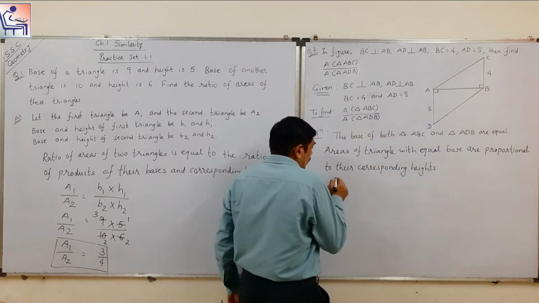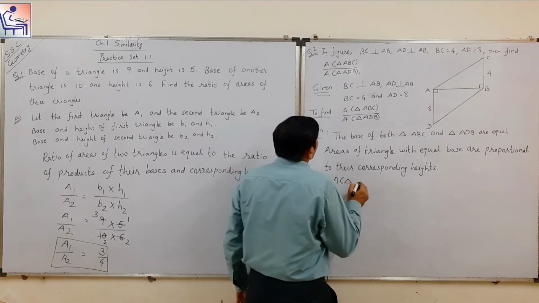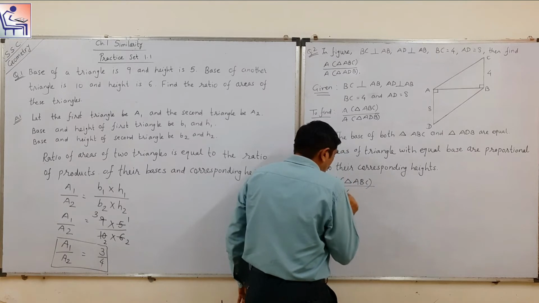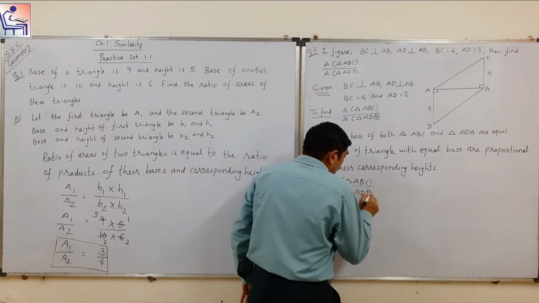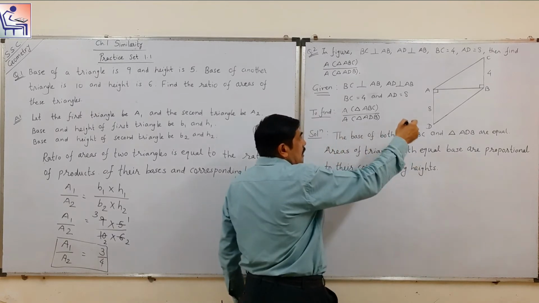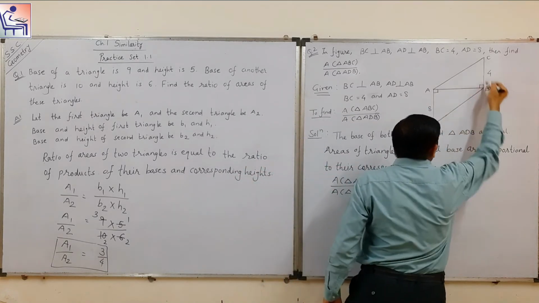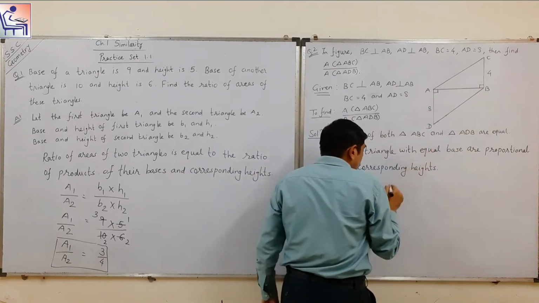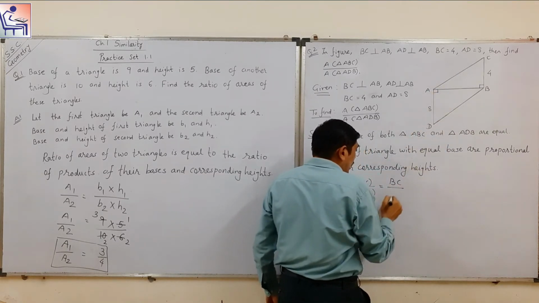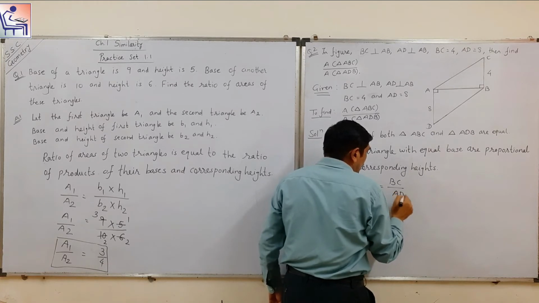So here area of triangle ABC upon area of triangle ADB is equal to, see, if bases are equal then it depends upon the height, that is BC, and here the height of triangle ADB is AD.